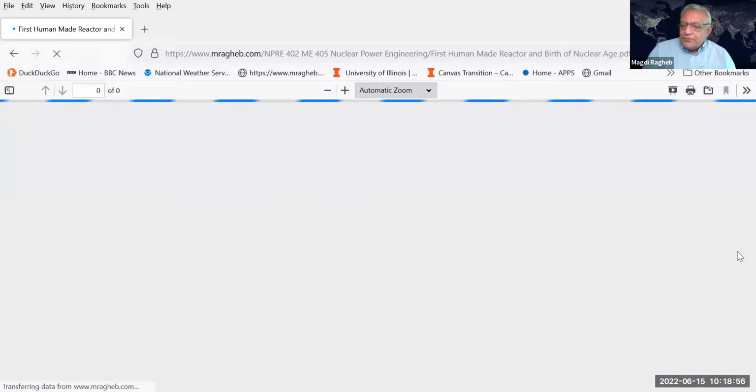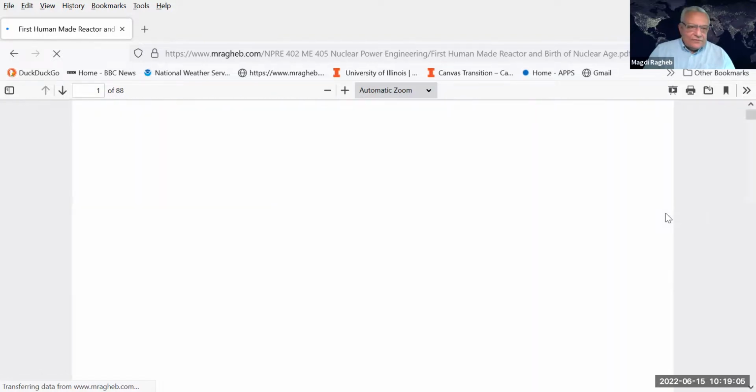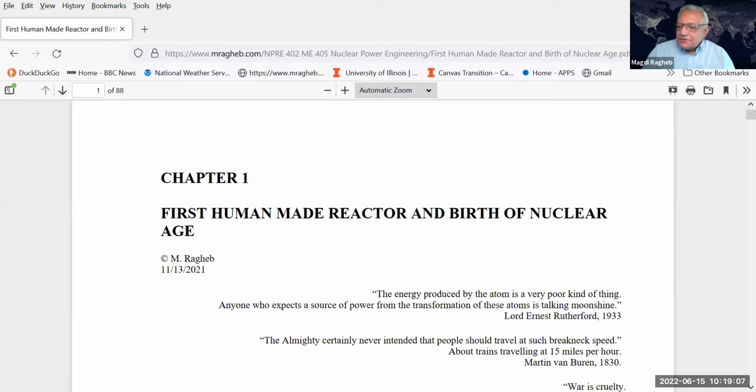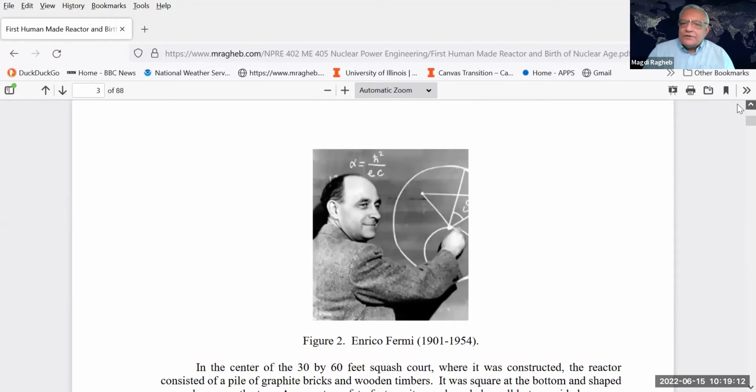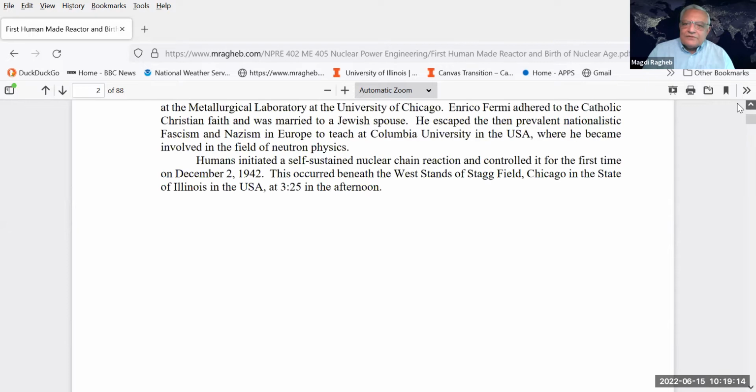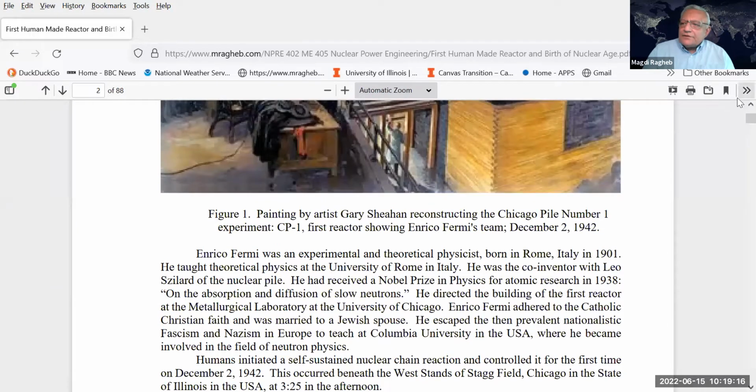We stopped at the point where we were looking at the different milestones that were reached just before we had the privilege here in Chicago, Illinois, where the first reactor was built and successfully operated by Enrico Fermi.